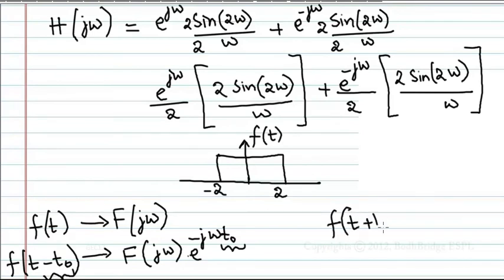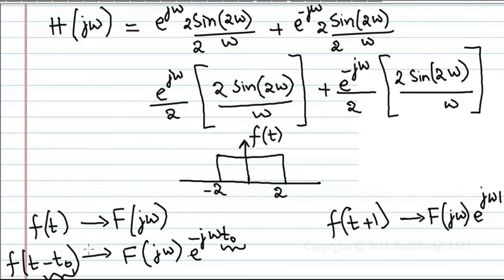Why? F of t plus 1 will have F of j omega into the above function, that is this whole 2 sin 2 omega by omega. That is F of j omega into e power j omega into 1 by this property.